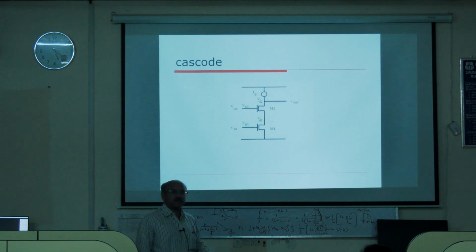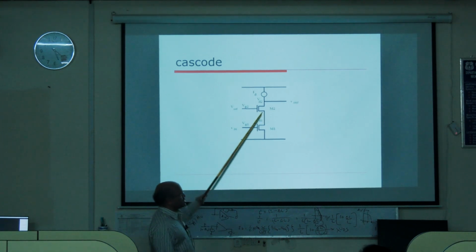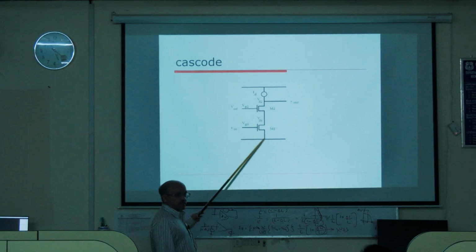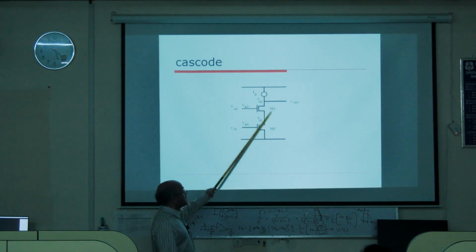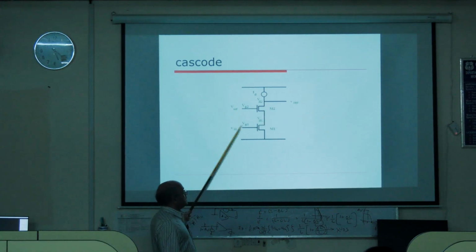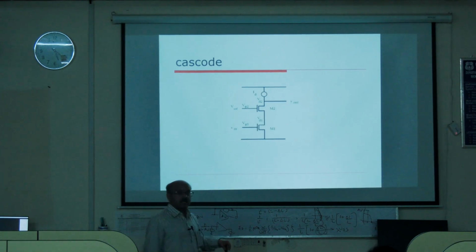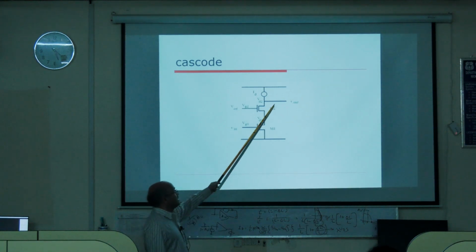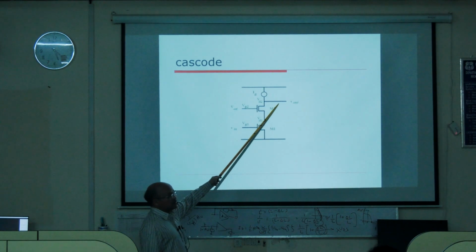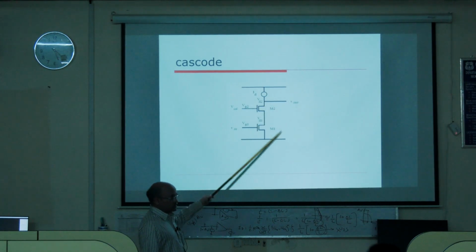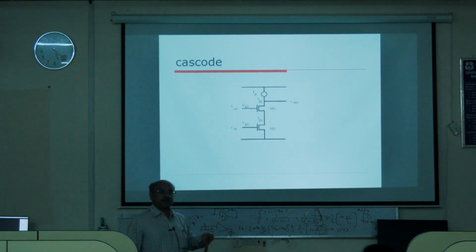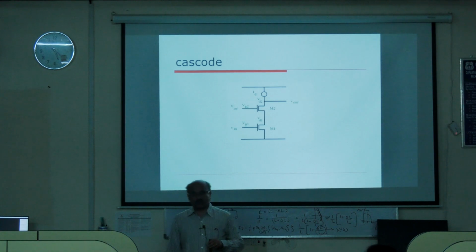This is not for this transistor, this is for the circuit. The circuit is viewed as if a single transistor, input here, output there. Dou ID by dou Vg1 is the effective transconductance, Gm effective. Similarly, dou ID by dou Vd2 is the effective conductance, G0.